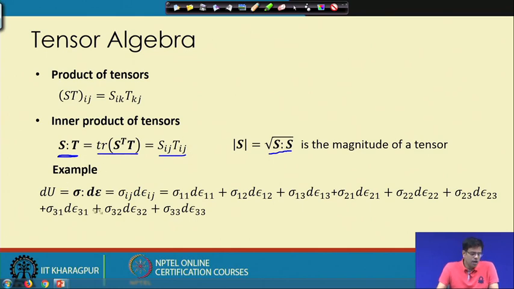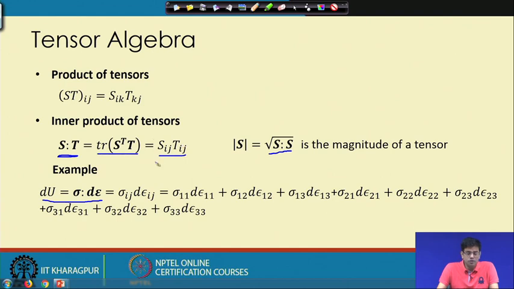For example, in solid mechanics the energy expression is sigma contraction d of epsilon, which is essentially sigma ij d of epsilon ij, and if we expand it in index notation, it becomes a scalar quantity. So the important thing here is that the inner product of tensors is a scalar quantity. We need this in our relations, so we will be using this quantity often.